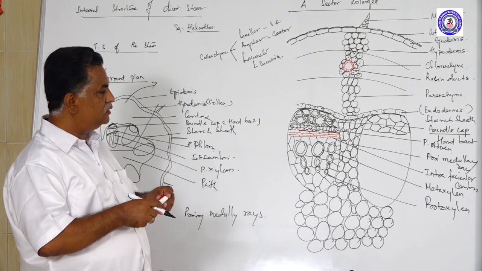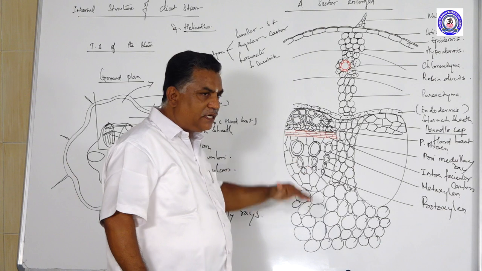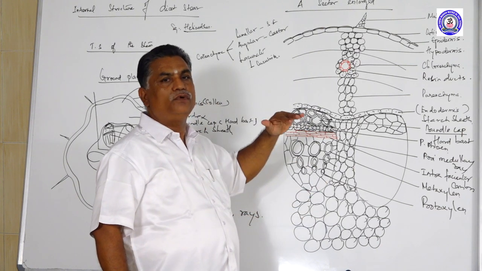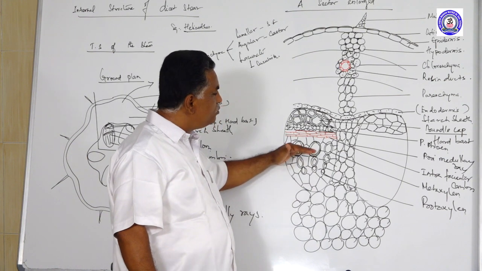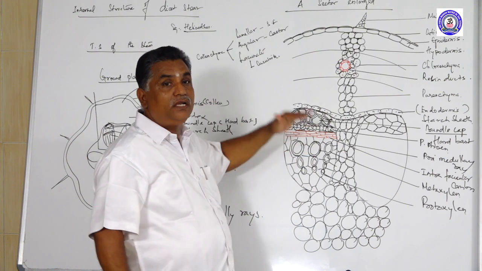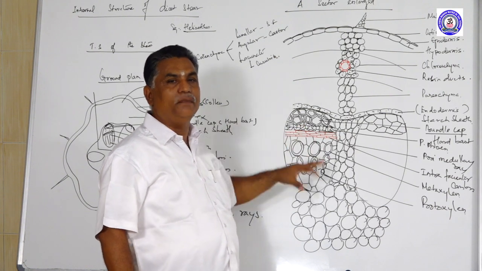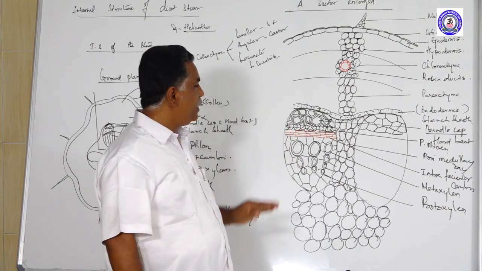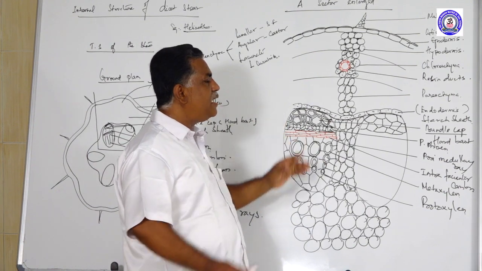What is exarch? When protoxylem is towards periphery and metaxylem is towards center, that is exarch. That is the characteristic feature of roots. When protoxylem is towards the center and metaxylem is towards the periphery outside, that is called endarch. The endarch xylem is the characteristic feature of all stems, invariably. And here, what is the shape of the bundle?